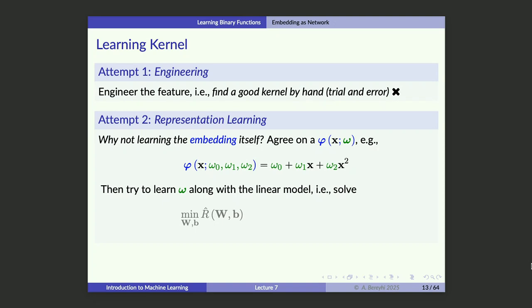But now, if I assume that I have a bunch of weights, then the empirical risk that I'm going to compute is also going to depend on the weights or those parameters inside the embedding function. And if I can minimize that empirical risk with respect to every variable here, including those parameters, then potentially I can learn the right embedding alongside the right weights and biases.